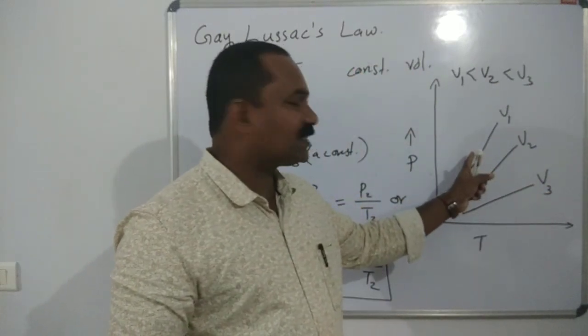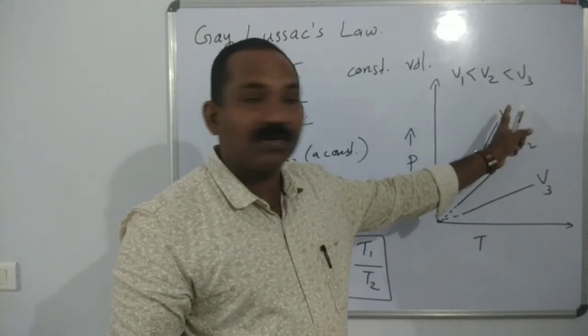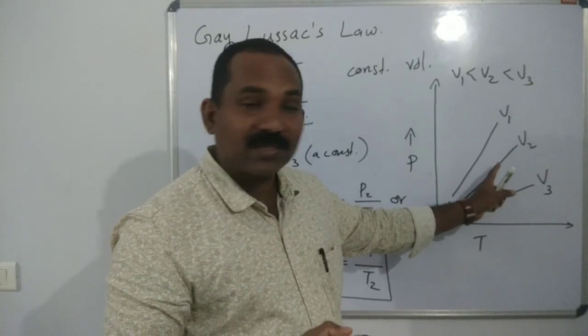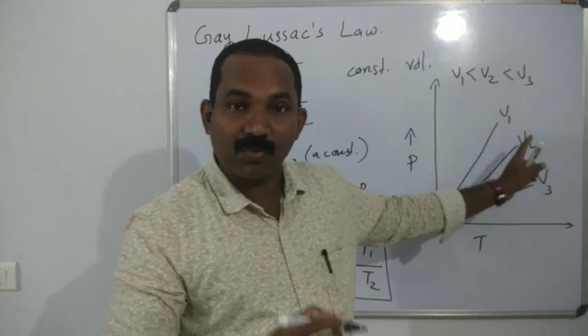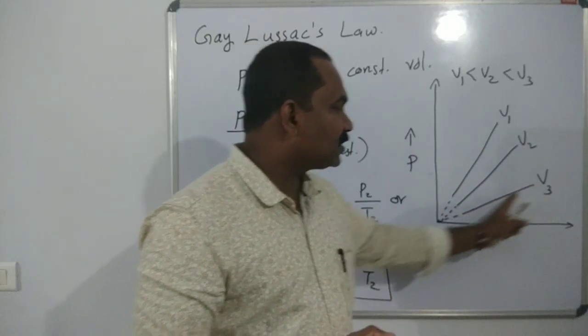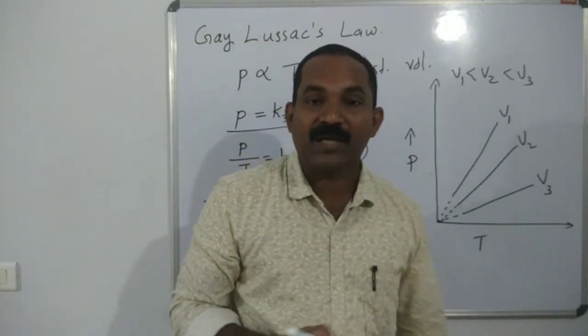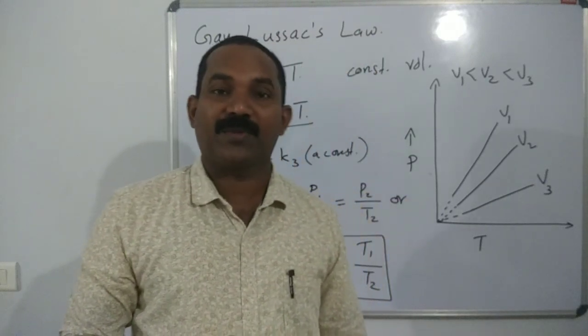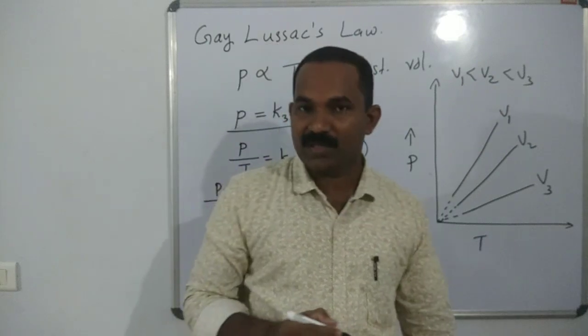This line is pressure versus temperature at a constant volume V1. This line is pressure versus temperature at a constant volume V2, and this line at a constant volume V3. Here V1 is less than V2, less than V3. Remember that.